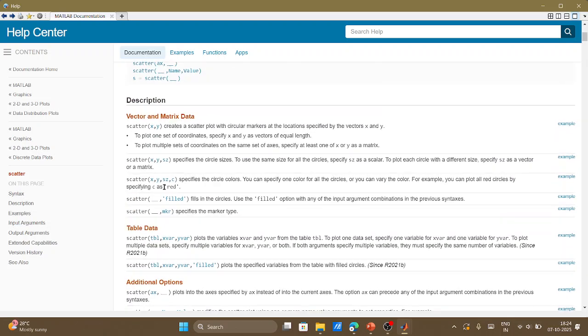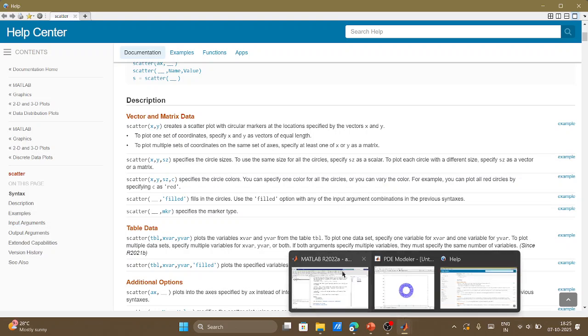So x and y are the coordinates, sz provides the circle size for the scatter plot, and with c you can specify the circle color. You can specify one color for all circles. In this case we can consider the c value as the temperature, right? So we can have a gradient for the temperature to represent our data.